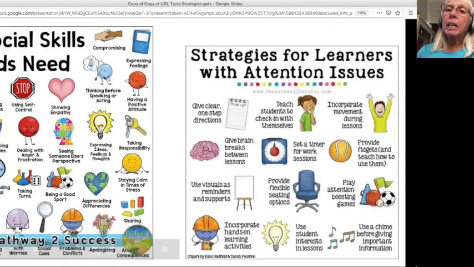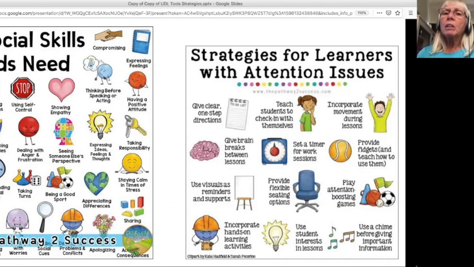So here's something that is a piece of this that's really important given what we're talking about in our colloquium, and that is the social skills. We assume an awful lot about students' social skills, especially in the secondary environment, that are not really there. So we have to teach a lot of these: community circles, other ways that we can work on teaching some of these social skills that will help them learn also.